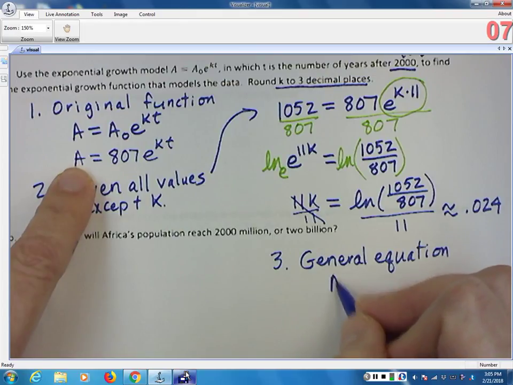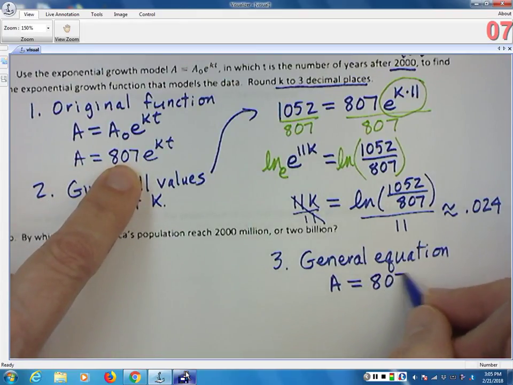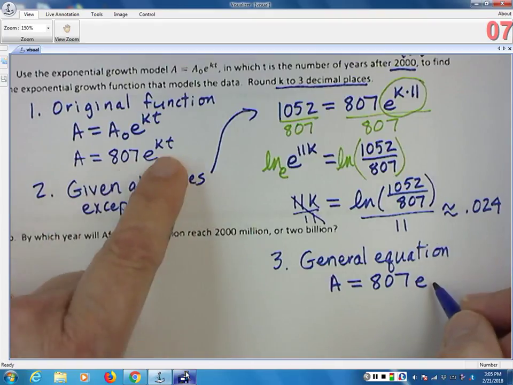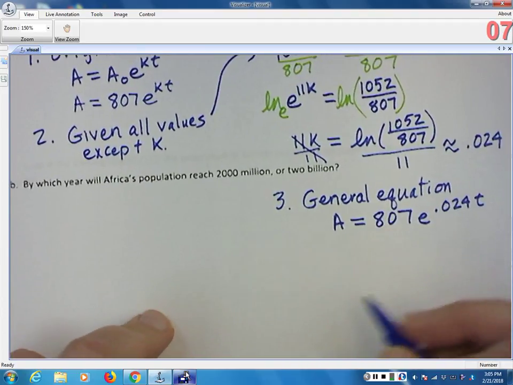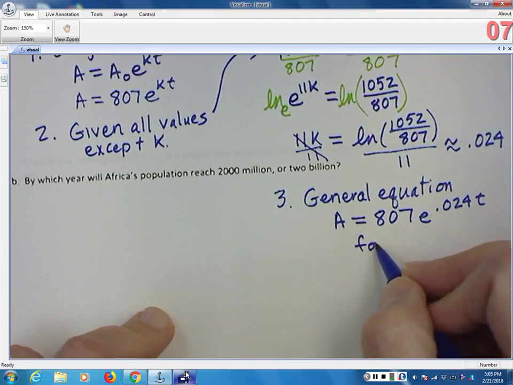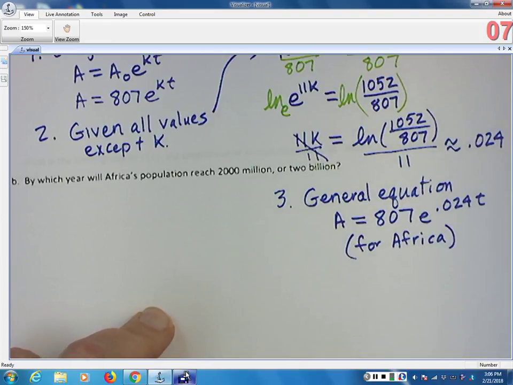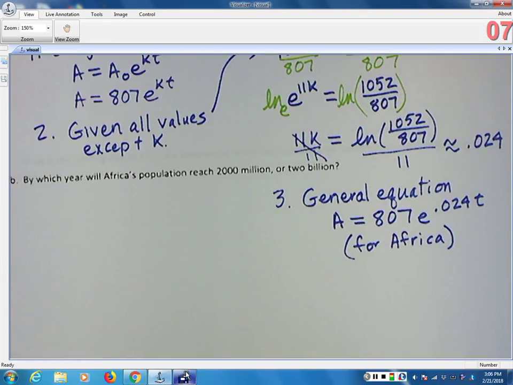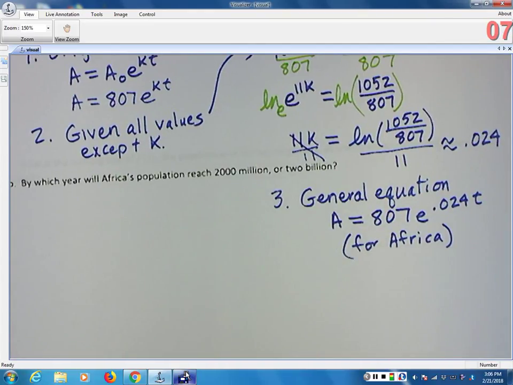You want just an A equals 807 e to the 0.024t. So this is for Africa. The growth equation for Africa. A general one where we could put in any t and find an A, or put in any A and then solve it algebraically and find t.